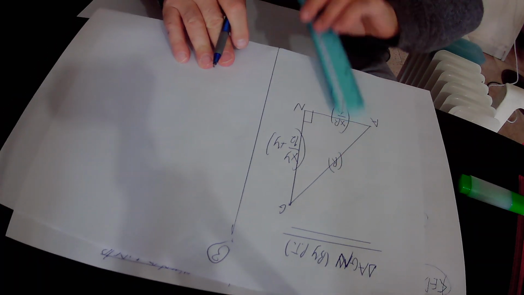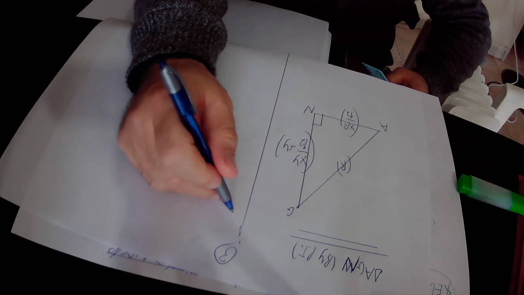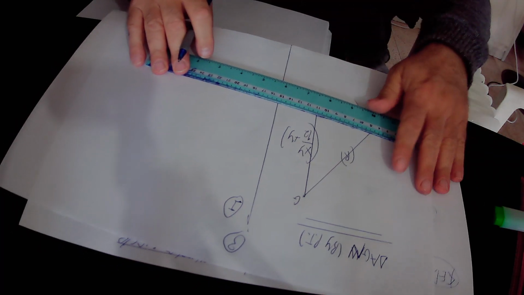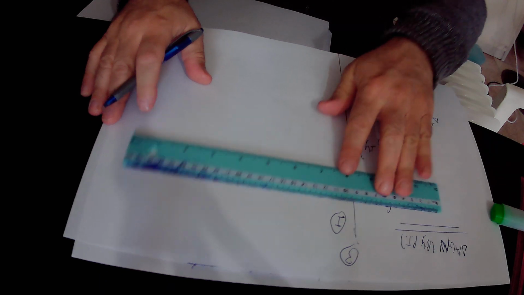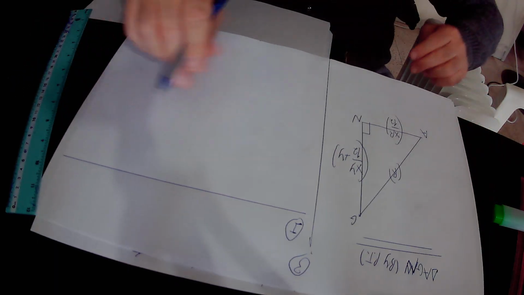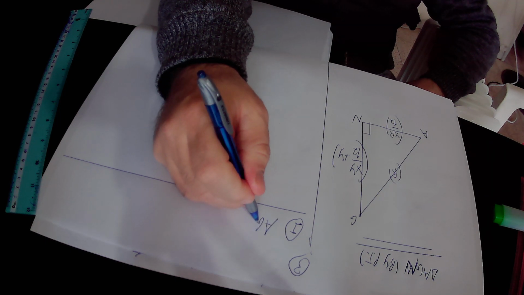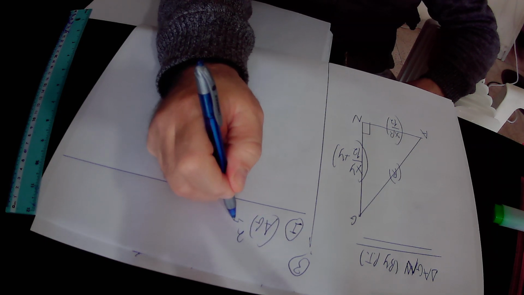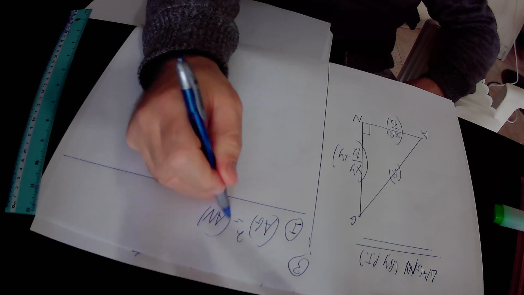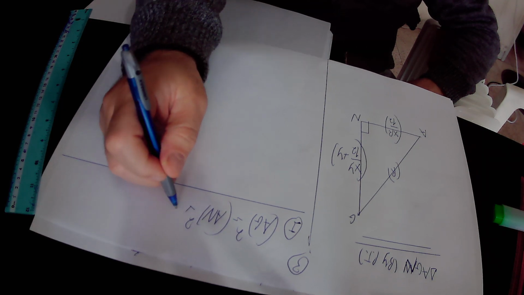In this right triangle AGN, according to the Pythagoras theorem, AG square equals AN square plus GN square.